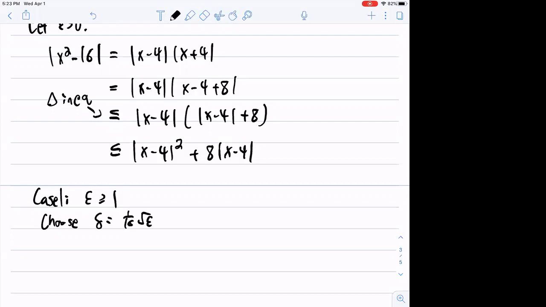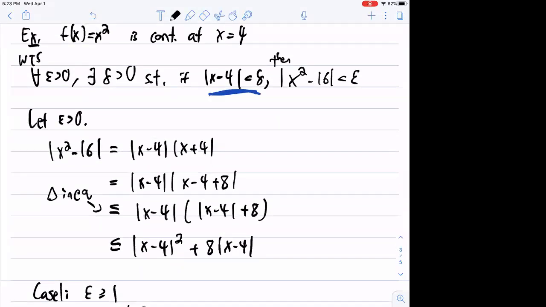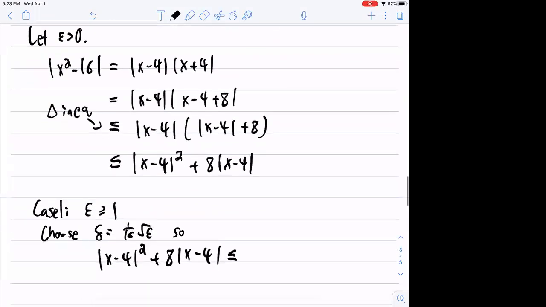Root epsilon. So here we get x minus 4 squared plus 8 times x minus 4. Let's see what the square does. If delta is this, recall it's x minus 4 is less than delta, so we could choose x minus 4 smaller than 1 over 16 root epsilon.